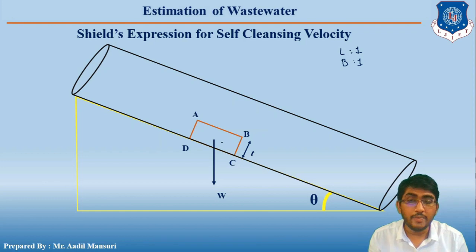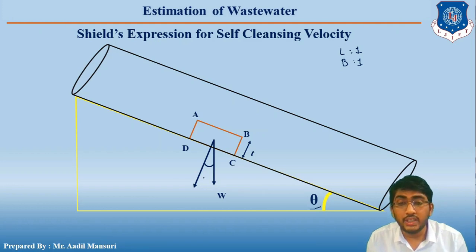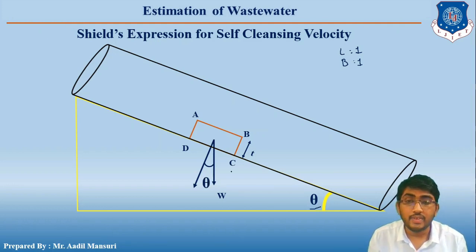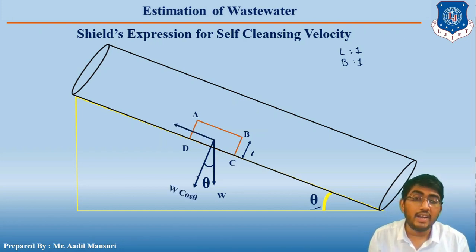Since this angle is theta, this angle will also be theta, because there will be a component perpendicular to the sewer. So this component will be W cos theta, and the component along the sewer will be W sin theta. Understood?